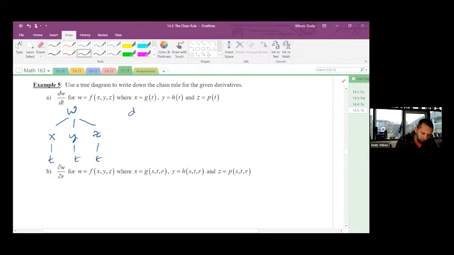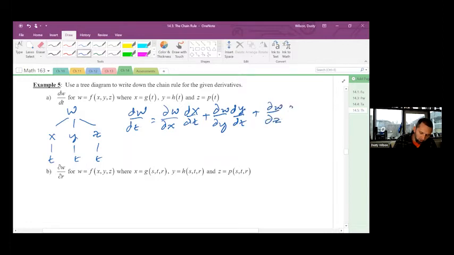So that tells us that the formula we need is dw/dt, and it's equal to the partial of w with respect to x times dx/dt, plus the partial of w with respect to y times dy/dt, plus the partial of w with respect to z times dz/dt.